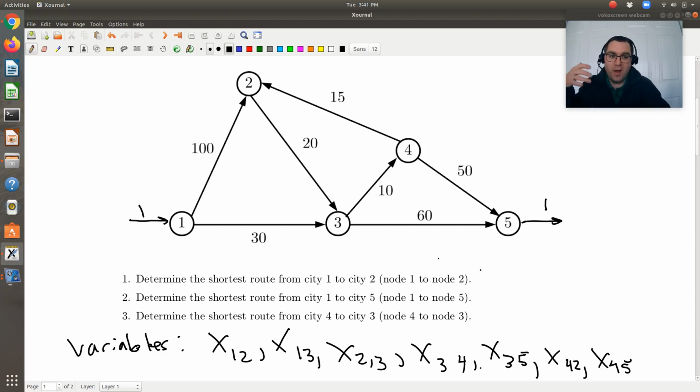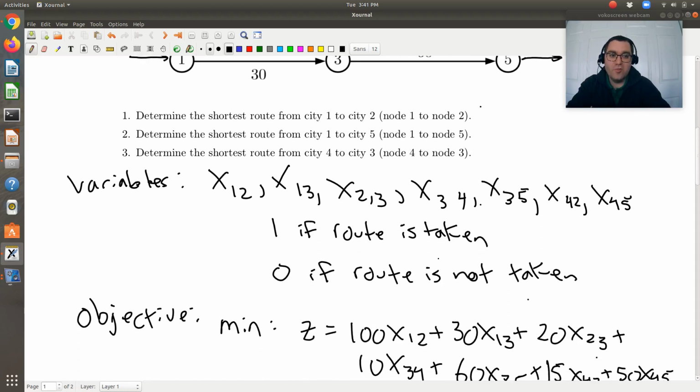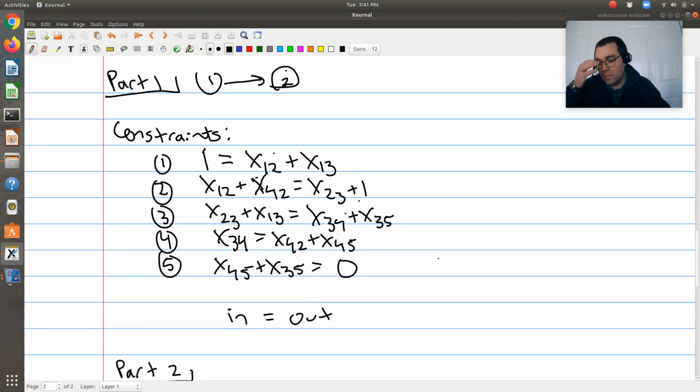So if I had 100 cities, say this is some trucking problem, and I have 200 possible routes, being able to generalize this and have the computer solve it for me.